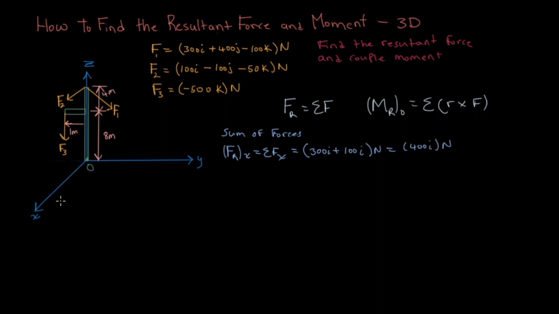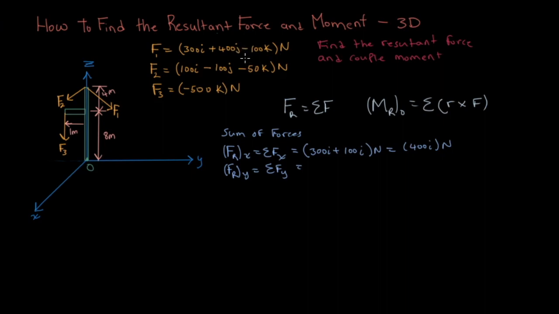How about the y? What is the resultant force in the y direction? Fr in the y direction is the sum of forces in the y direction. To do this, we just sum up the j's here.